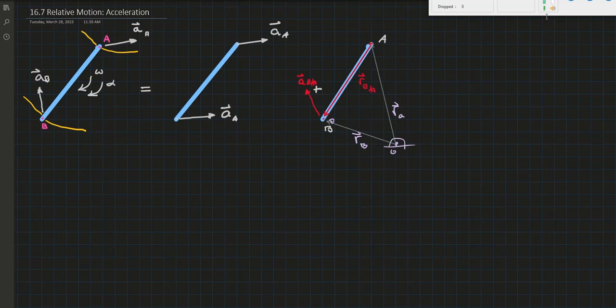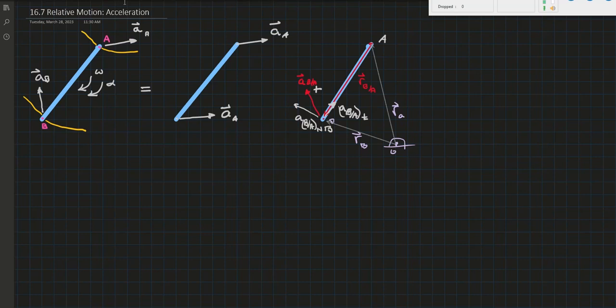So we have our acceleration of B with respect to A, and that actually has components of the acceleration of B with respect to A, tangential, and the acceleration of B with respect to A, normal.